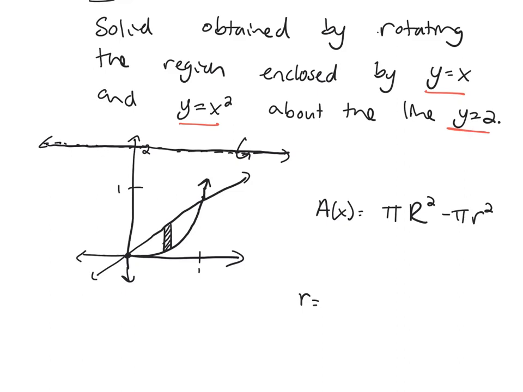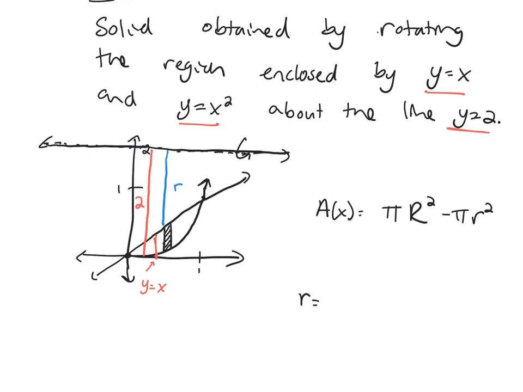And the little r is going to be this distance right here. Now it's a lot more difficult to find little r this time than it was previously. I know that this total distance from top to bottom here is 2. And then this little distance here is a y, which is equal to x.